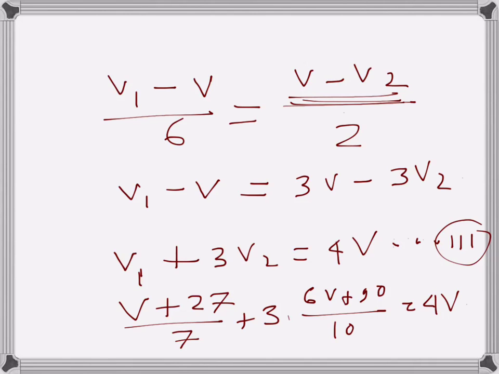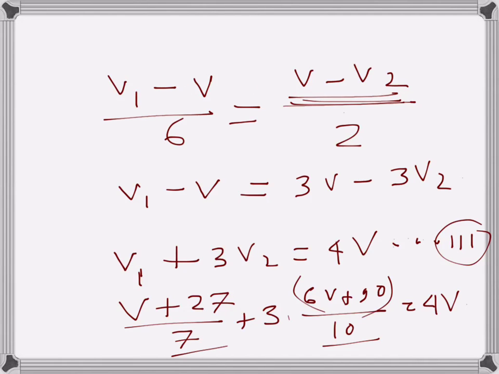So I need to multiply both sides by 10 now. There's a bracket here basically. Because there is 7 in the denominator here and 10 here, I need to multiply both sides by 70.